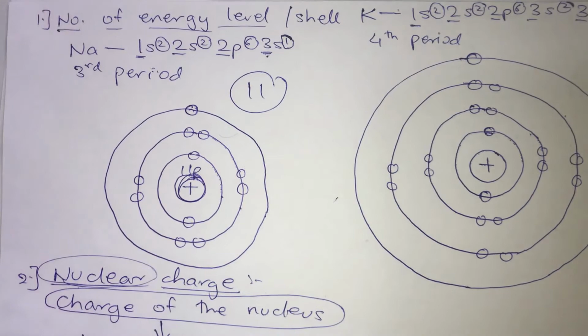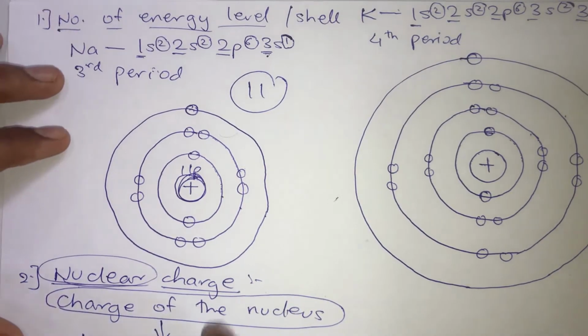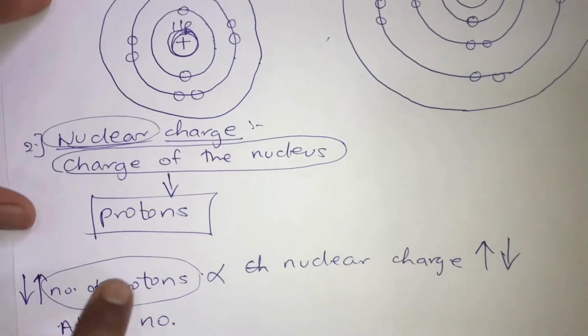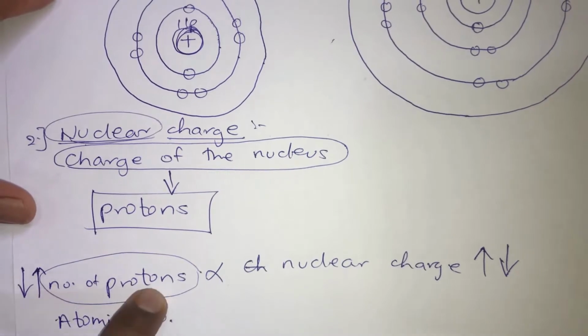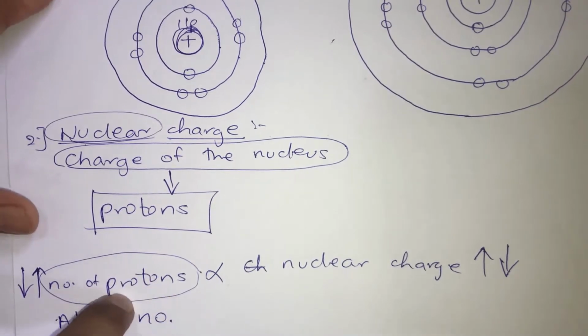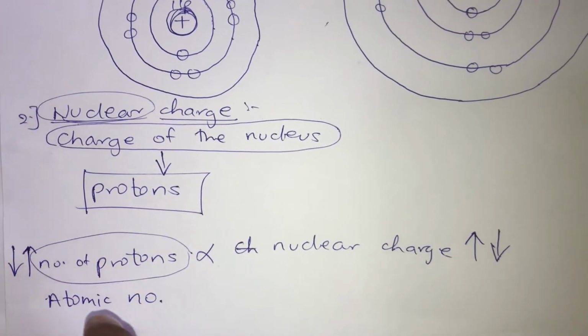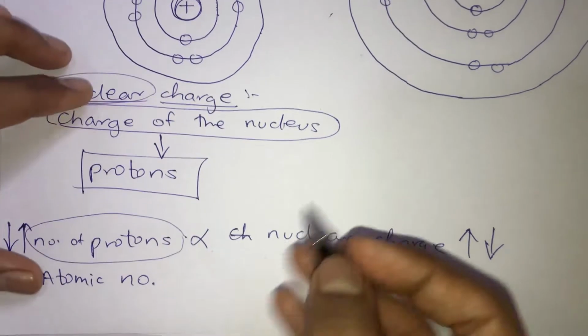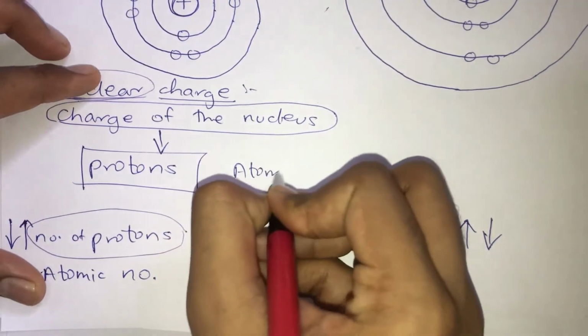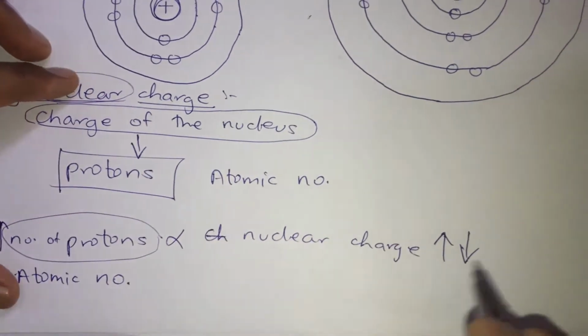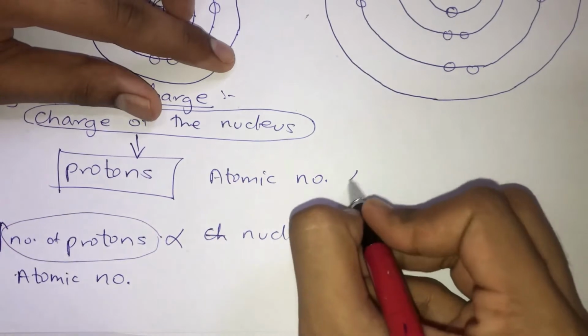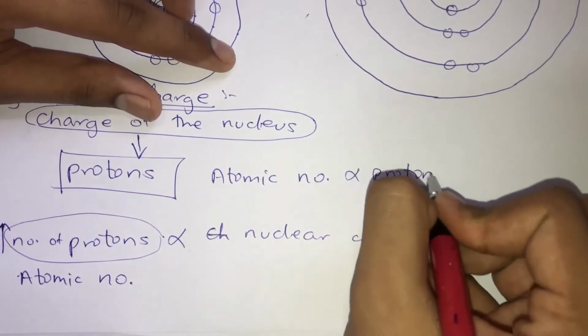So the atomic number is going to tell you the number of protons present inside the nucleus. So if the number of protons is completely dependent on the atomic number, can I say that the atomic number is directly proportional to protons?